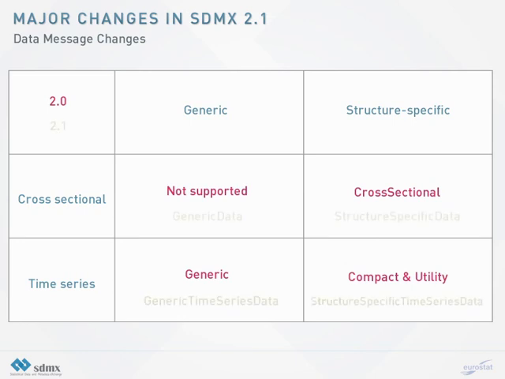In version 2.1, 2 message types were created, one generic and one structure-specific. Those cover now cross-sectional as well as time series representations. For backwards compatibility, time series variants have been defined based on the same structure.